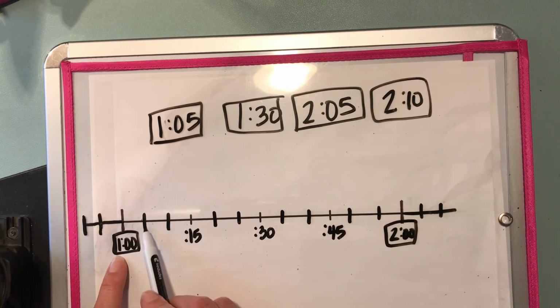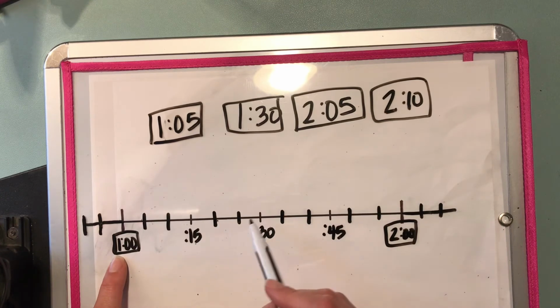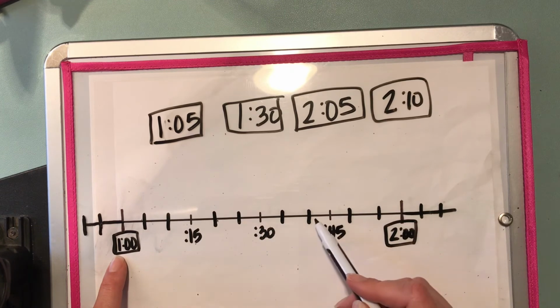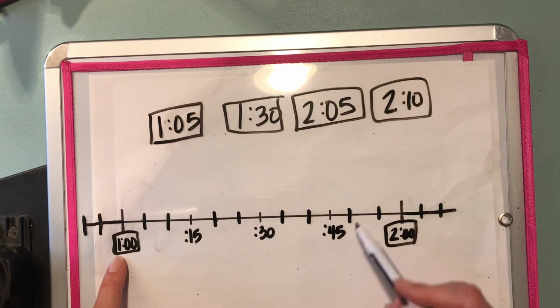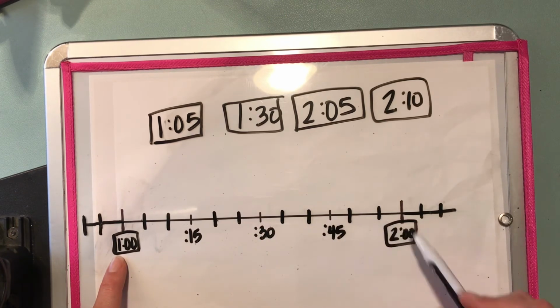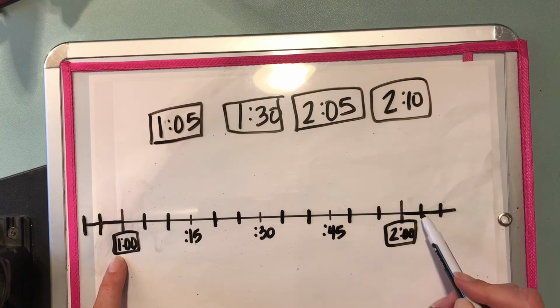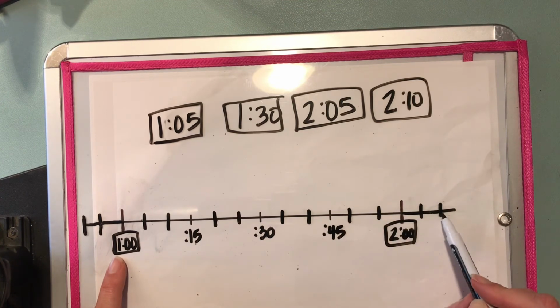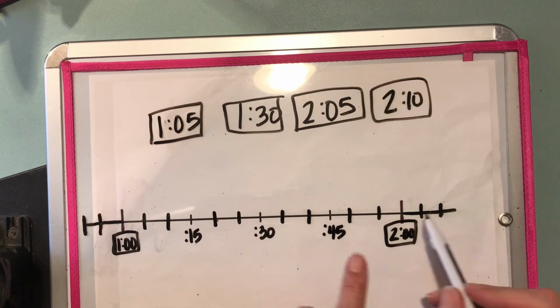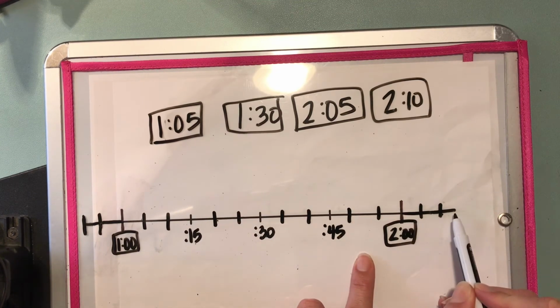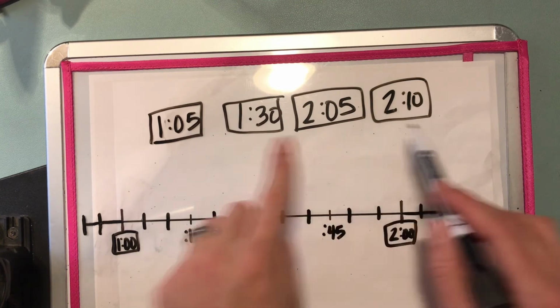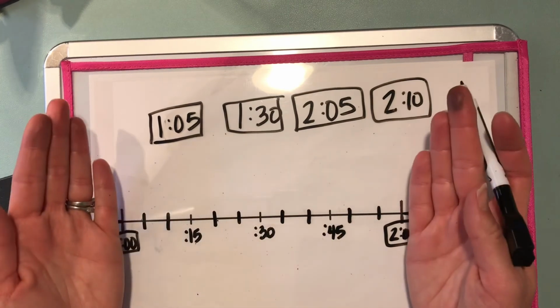So we have 1:05, 1:10, 1:15, 1:20, 1:25, 1:30, 1:35, 1:40, 1:45, 1:50, 1:55, 2 o'clock, 2:05, 2:10. Some of the lines are going to go off a little bit, because some of these times may not be within 1 or 2 o'clock.